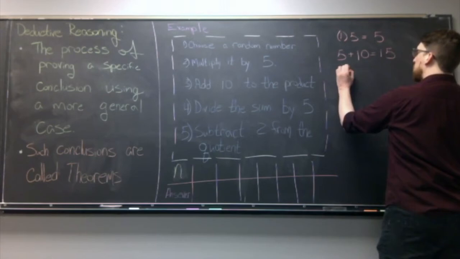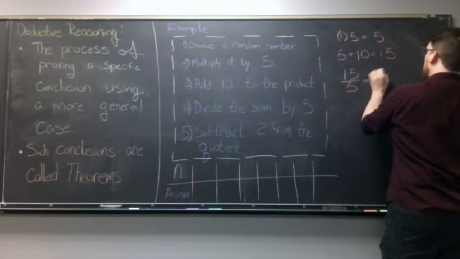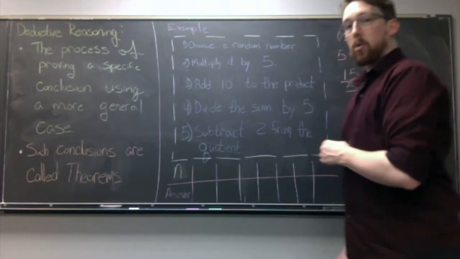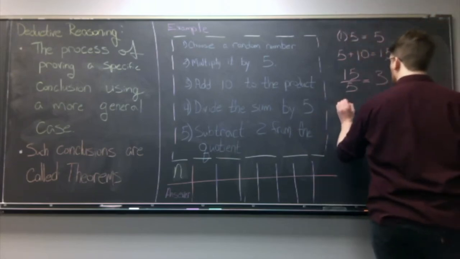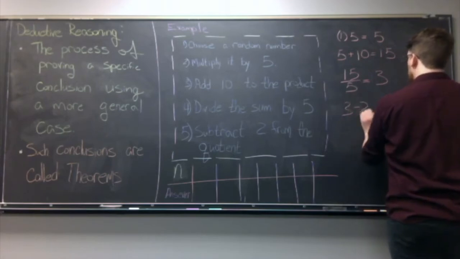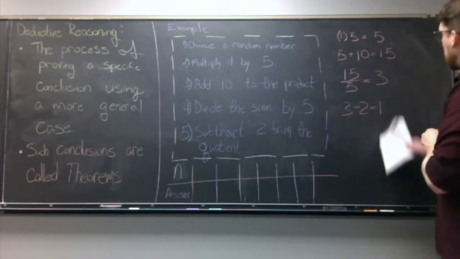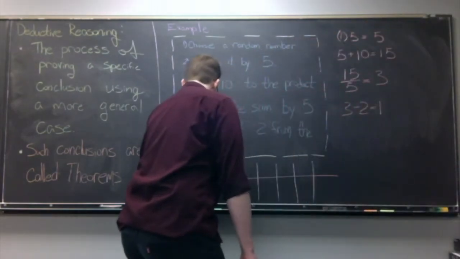So 15 divided by 5, that's going to give us 3. And now we're going to subtract 2 from that. 3 minus 2 is going to give us 1. So in the case that we started with 1, our answer comes out to be 1.